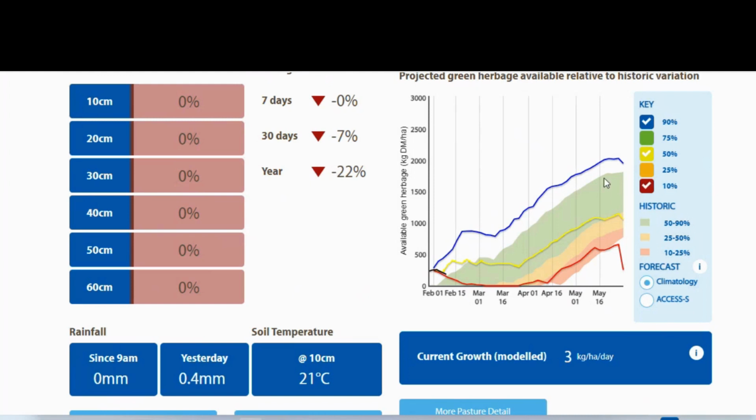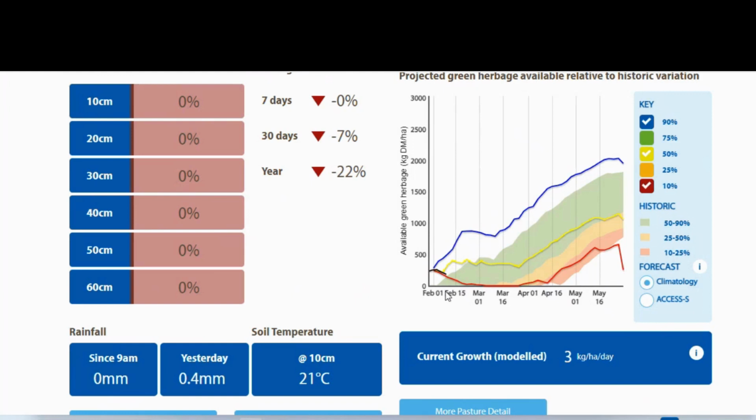So they're the above average years. The brown is covering the 25 to 50, and the red's covering the 25 to 10. And there's some data. We have some years. There's 3 years because there's 30 years of data in here. There's 3 years of data which would sit below down here. So the really tough years, the green herbage mass is down at this level.